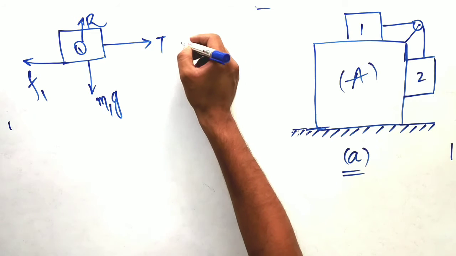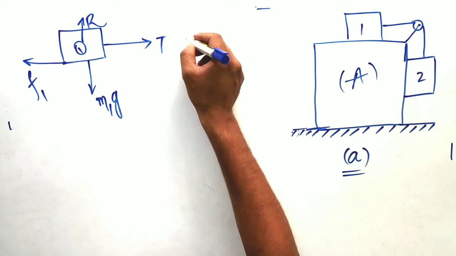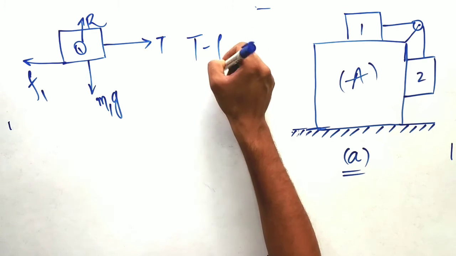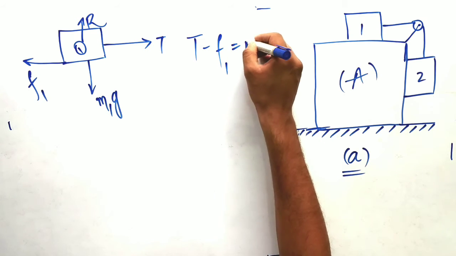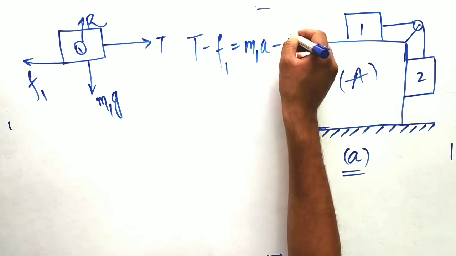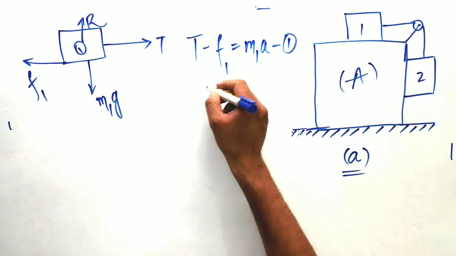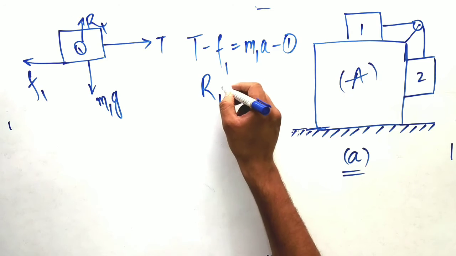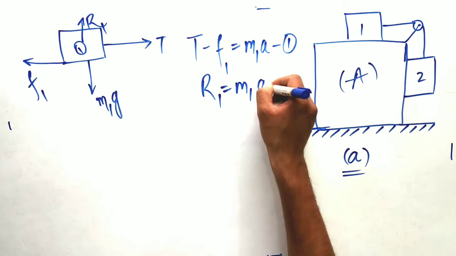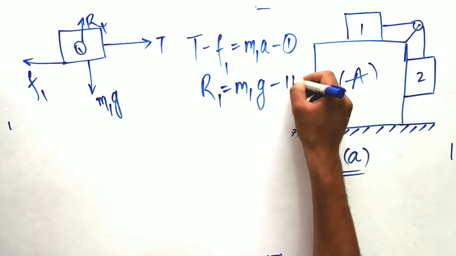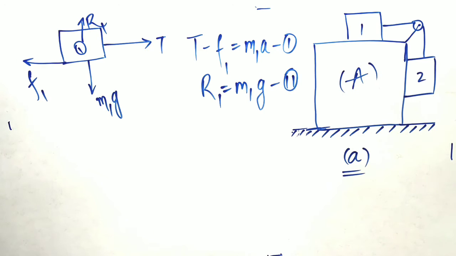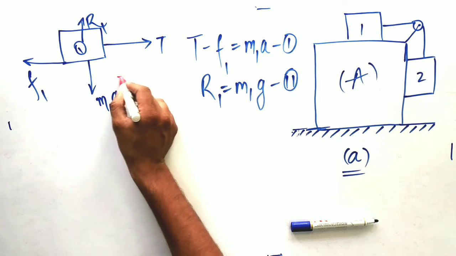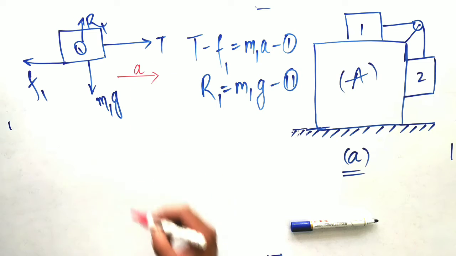Writing the equations, it will look like T minus F1 equals m1a in this one, and R1 equals m1g. And we will also show the direction of acceleration a.